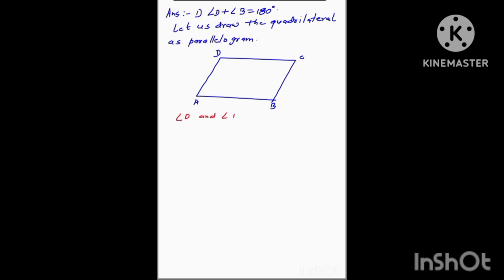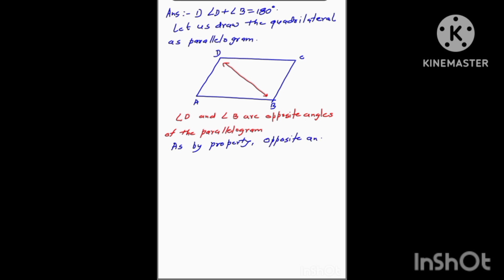Angle D and angle B are opposite angles of the parallelogram. These are the two angles, and the property says that both these angles should be congruent.